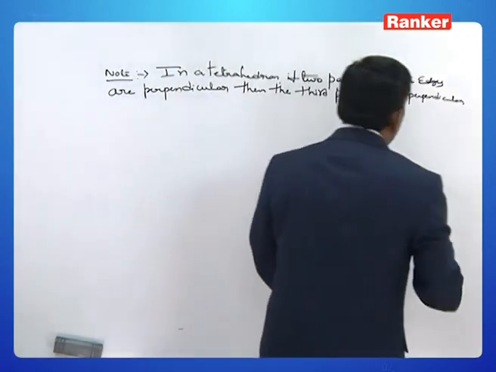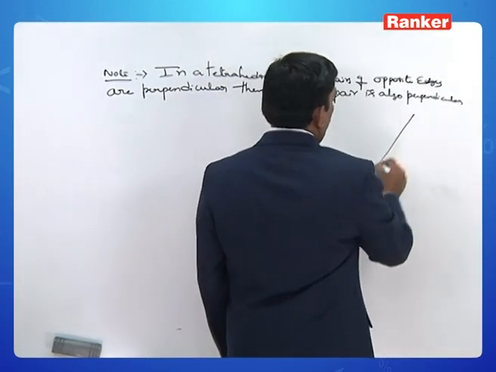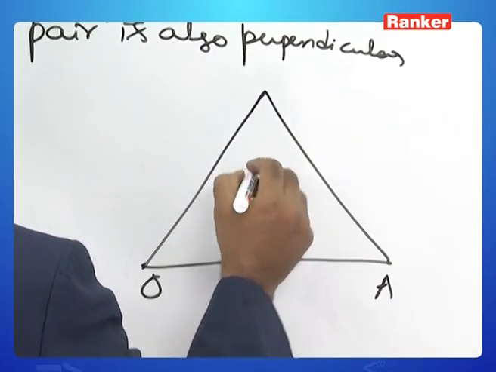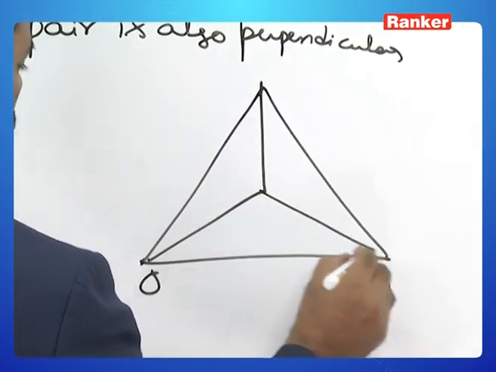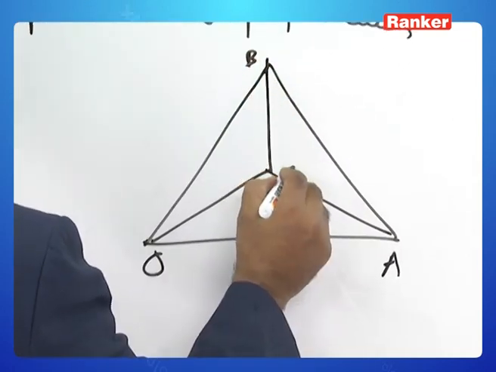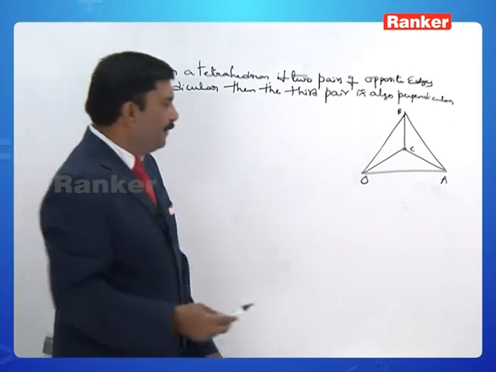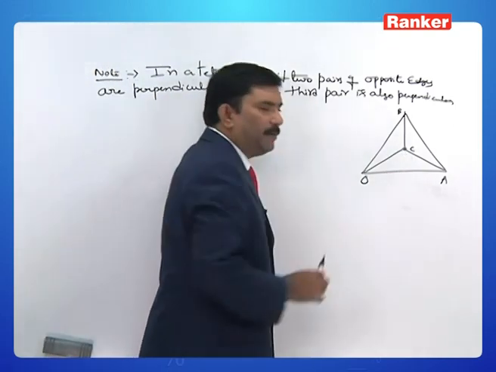Let us see what this is: tetrahedron OABC, right? If it is extended, it will be perpendicular.